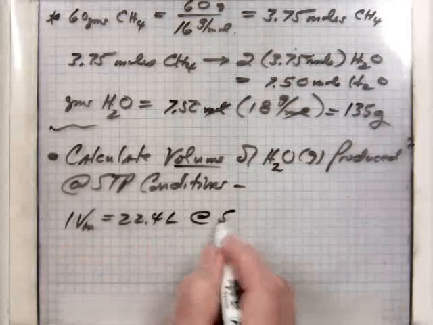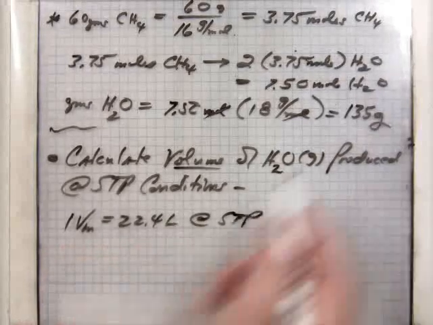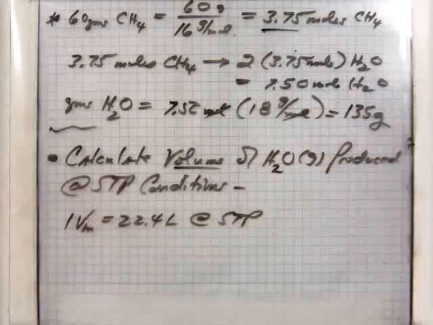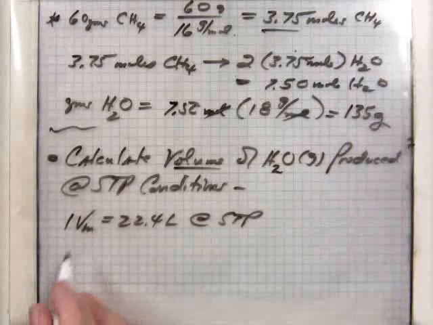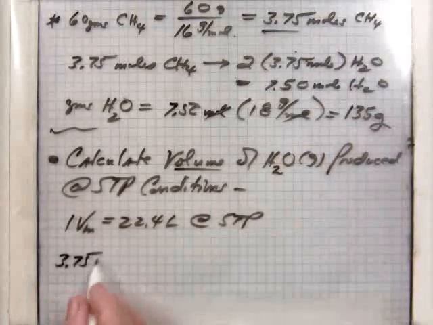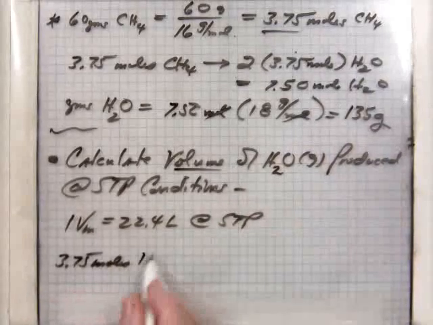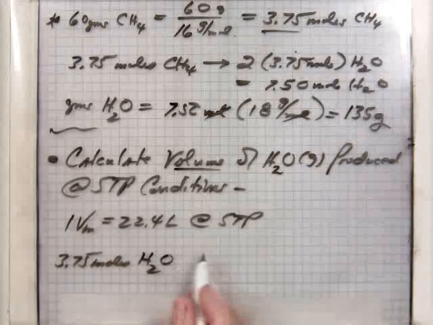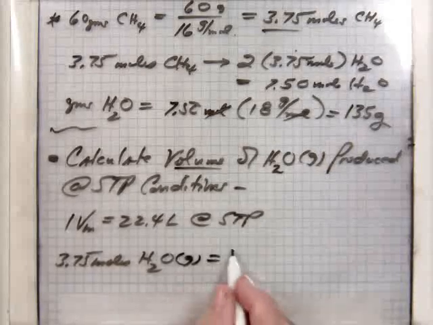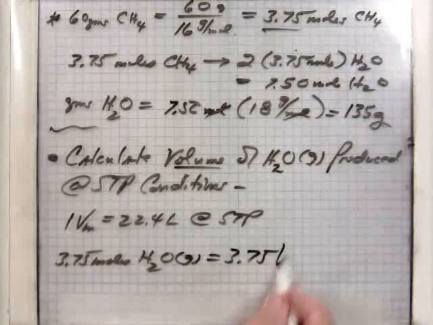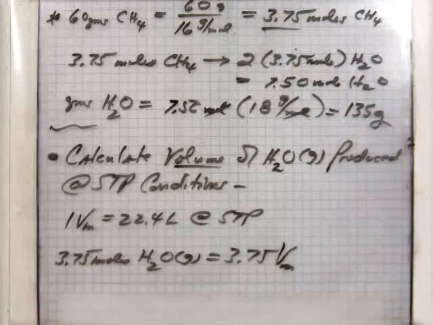So if we scale it up to 3.75 moles, then 3.75 moles of water vapor is equal to 3.75 molar volumes at STP.